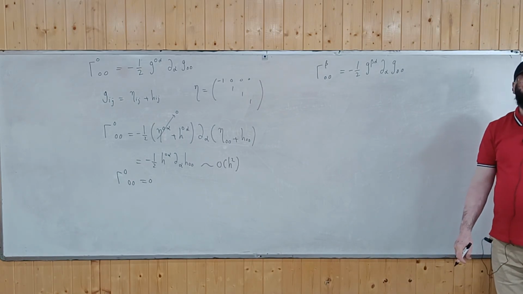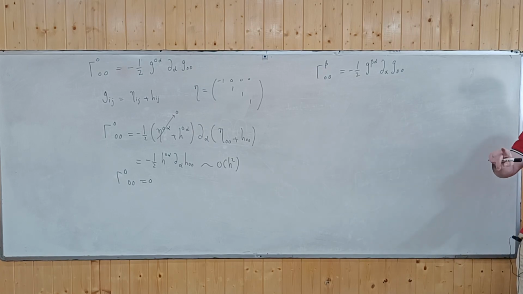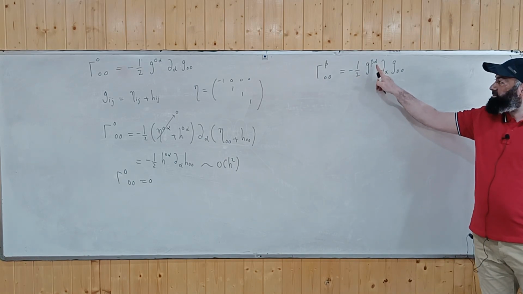Is it clear? So can you tell me when it is non-zero? What are the terms which are non-zero? Because alpha and beta are having the same values. Clear? So beta goes from 1 to 3, alpha goes from 1 to 3.